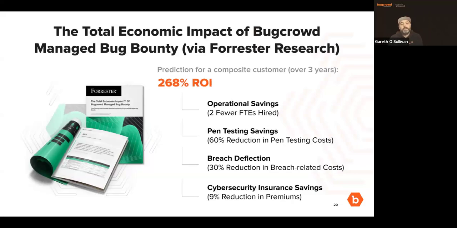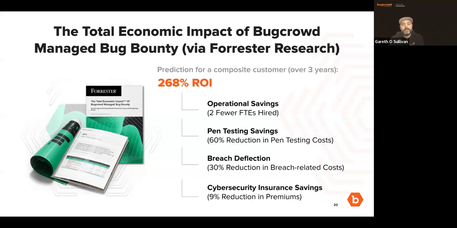Coming back to the ROI topic, and looking at the total economic impact of managed bug bounty, we engaged with Forrester. I think I'm allowed to share this, and feel free to reach out to us if you want to see the research paper that we put together with Forrester.